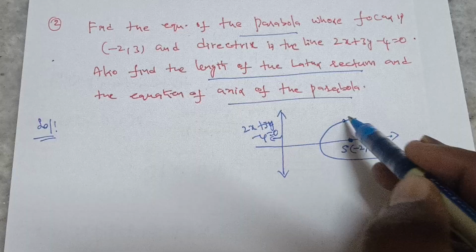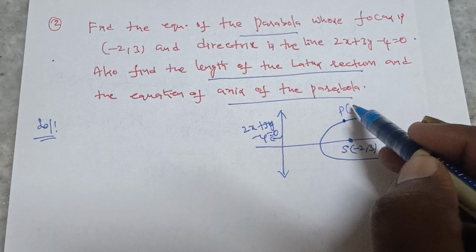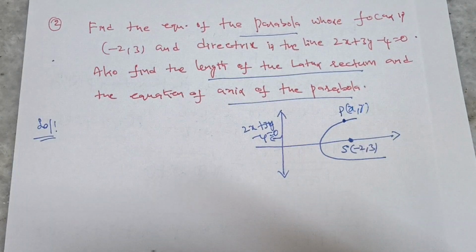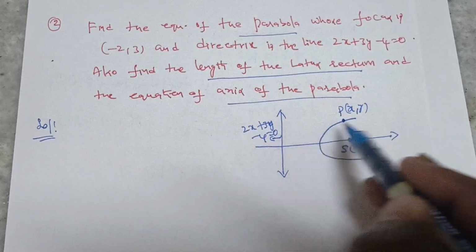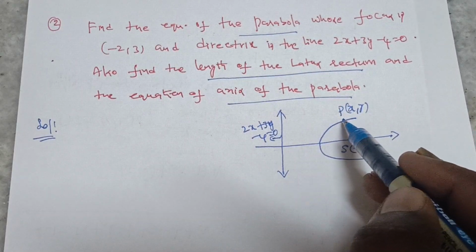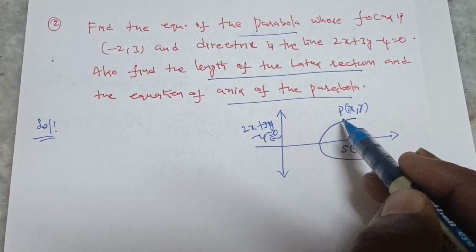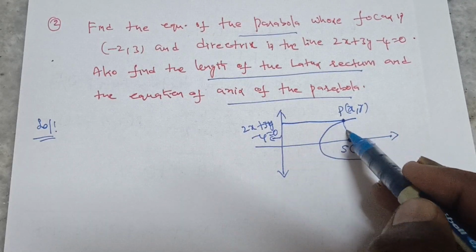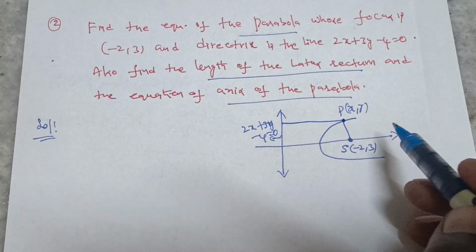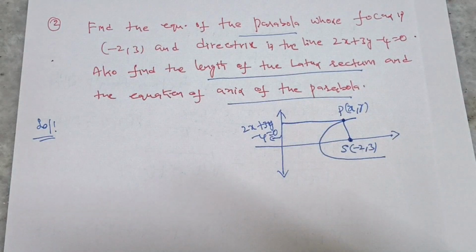Now we choose any point P(x, y) on the parabola. We know the definition of a parabola: the distance from any point on the parabola to the directrix and to the fixed point, the focus, are equal.